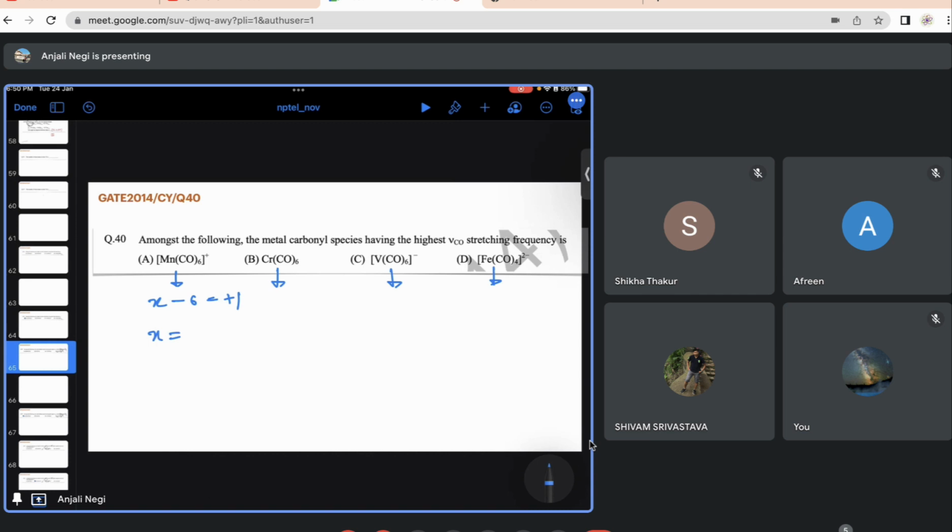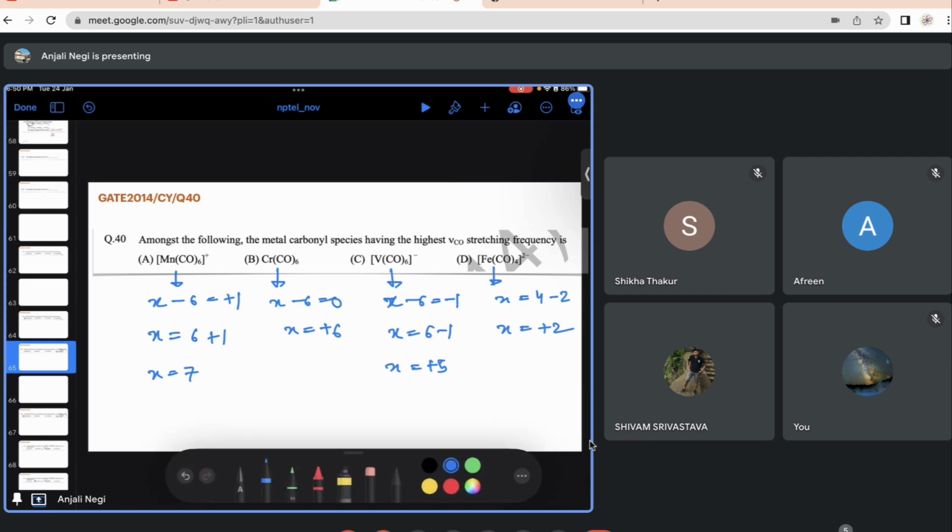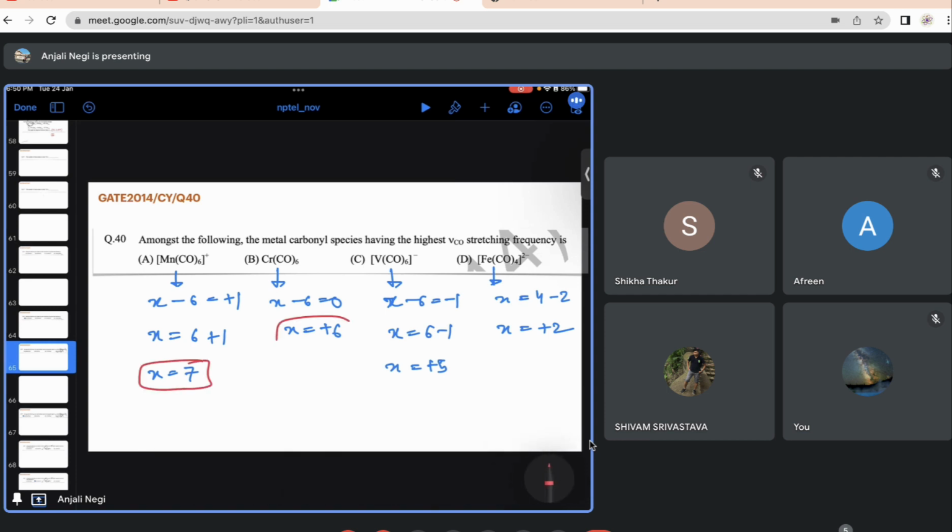So this will be 6 plus 1. Okay, and here plus 7, plus 6, plus 5 and plus 2.